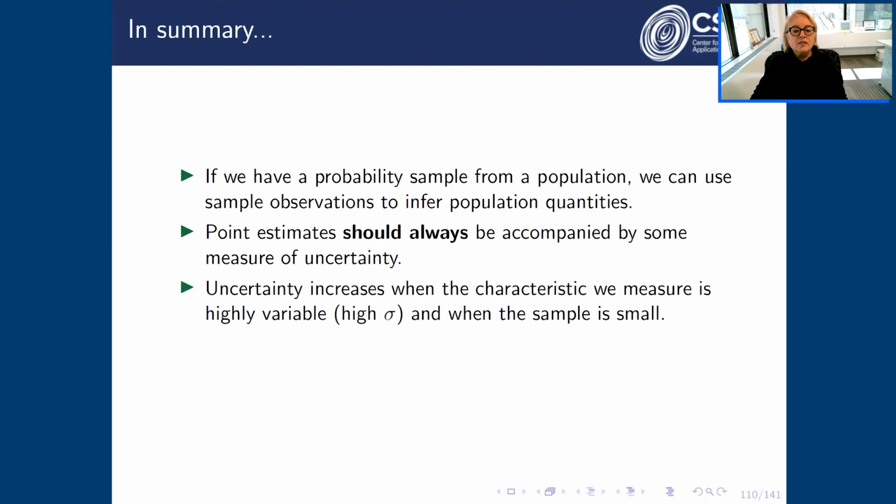Okay, so here's a summary then. If you have a probability sample from a population, then you can use the sample observations to make inferences about population quantities, which is very desirable. If you want to be a good person, make sure you attach a measure of uncertainty to your point estimates.